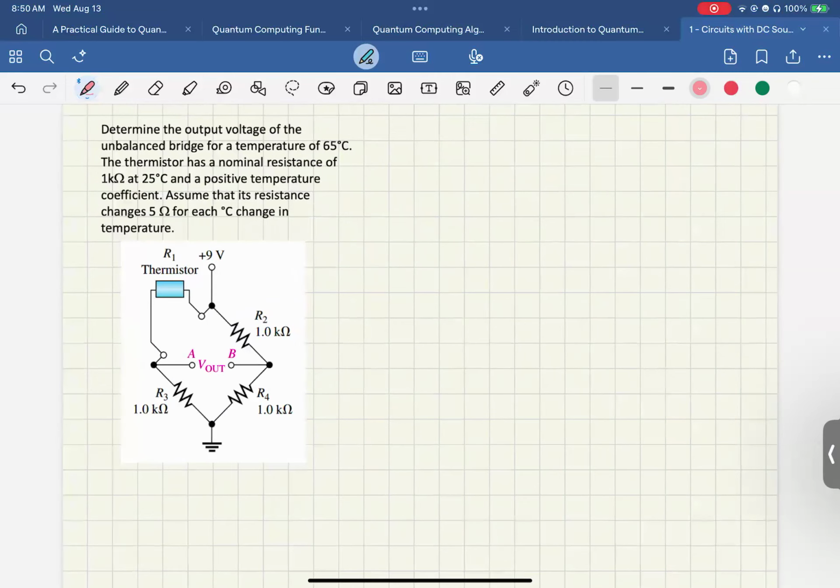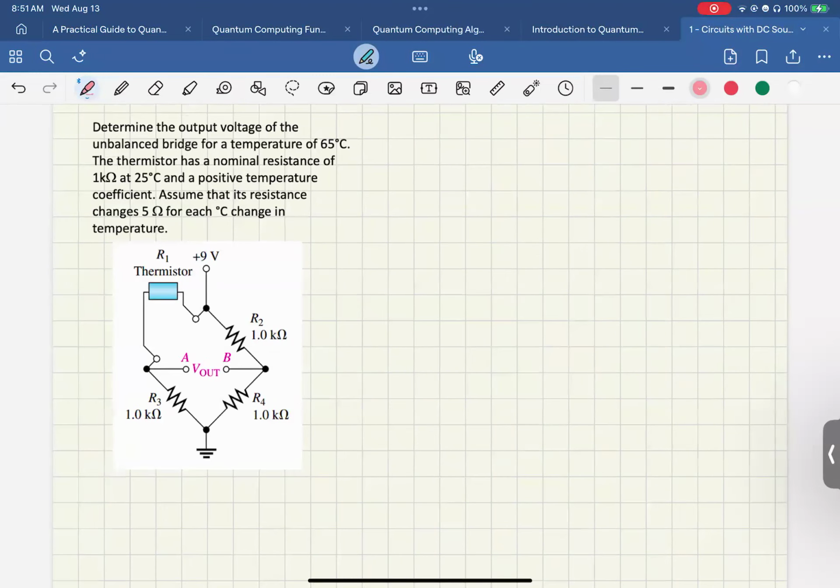Next. Determine the output voltage of the unbalanced bridge for a temperature of 65 degrees Celsius. The thermistor has a nominal resistance of 1 kilo ohm at 25 degrees and a positive temperature coefficient. Assume that its resistance changes 5 ohms for each degree change in temperature.